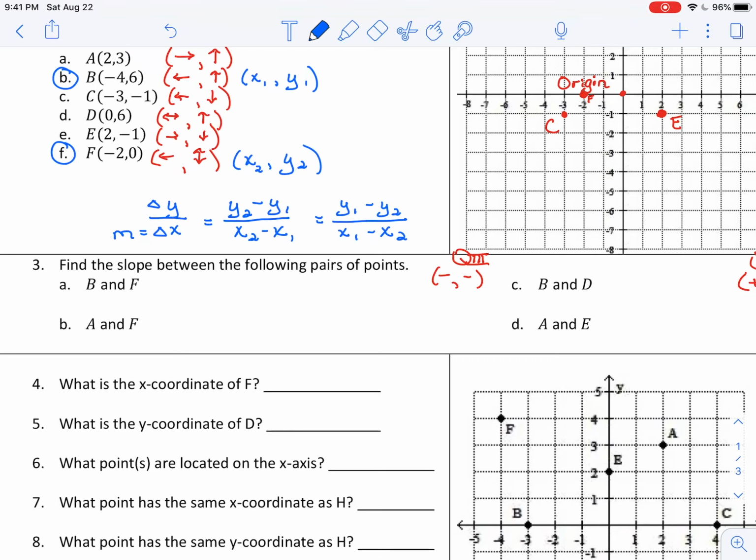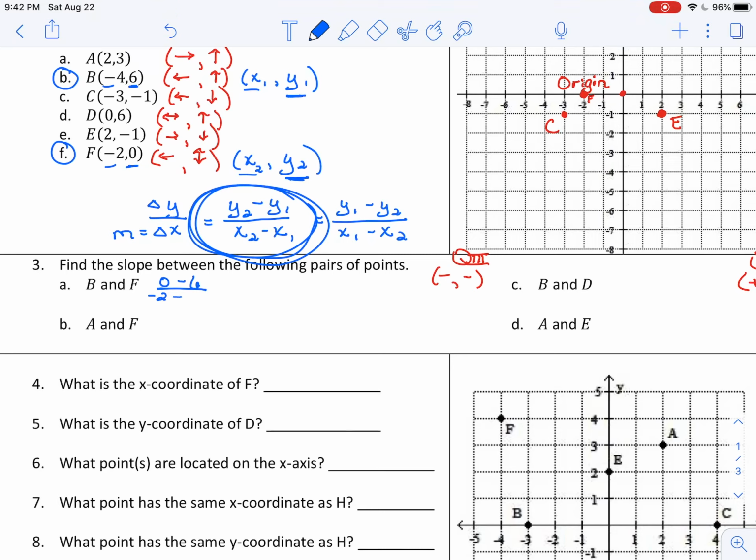So then I'm going to choose this formula here. I'm going to take y2, the second y coordinate, which is 0, and I'm going to subtract y1, the first y coordinate, so 6. That's going to be my numerator. The denominator will have x2 minus x1, negative 2 minus negative 4.